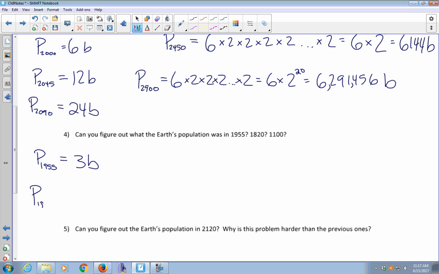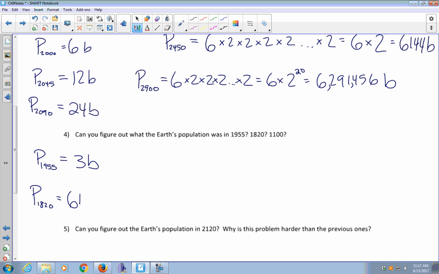1820, population in 1820. Well, let's see, 1820 is how many years before 2000? So I do 2000 minus 1820, 180 years before 2000. So how many sets of 45 is that? 4. So I need to start with my 6 billion and halve it.